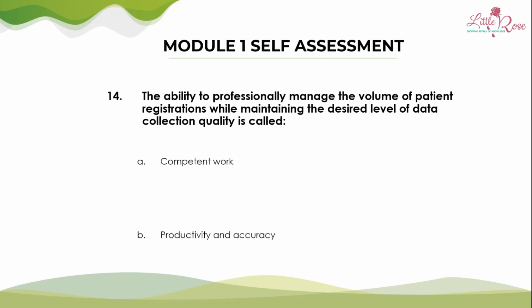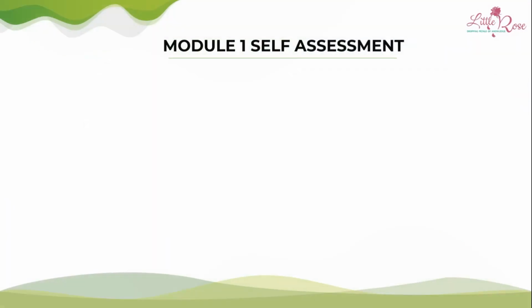Question number 14. The ability to professionally manage the volume of patient registrations while maintaining the desired level of data collection quality is called: A. Competent work, B. Productivity and accuracy, C. Working under pressure, D. Meeting patient expectations.